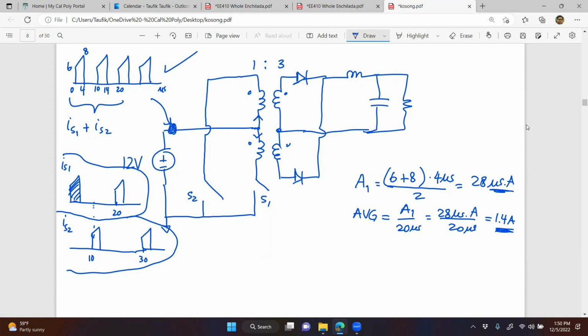Wait, the solution that you provided to us shows that we found the average current through the inductor and multiplied it by the duty cycle, and with that we were able to find the average current of the switch. Are you sure?